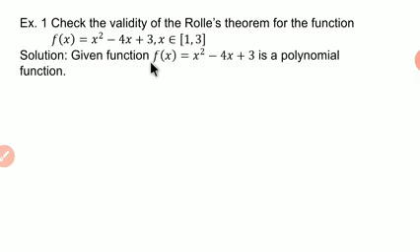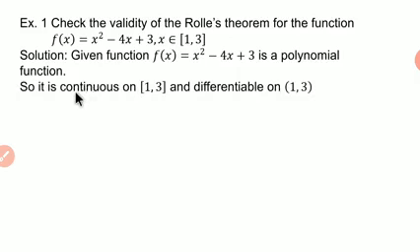So in the solution, given function f of x is equal to x square minus 4x plus 3. We observe it is a polynomial function. Therefore, it is continuous and differentiable. So it is continuous on closed interval 1 to 3 and differentiable on open interval 1 to 3.